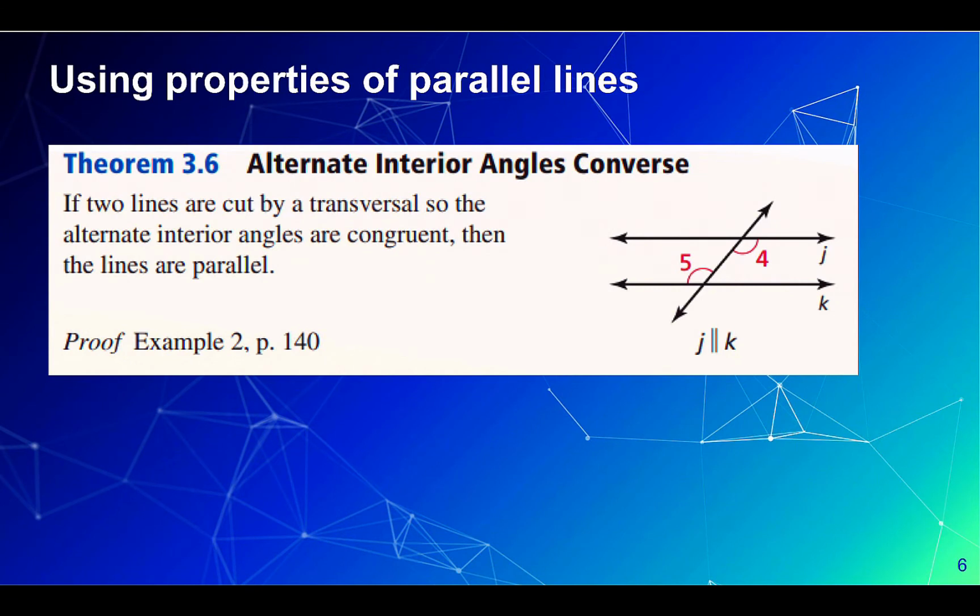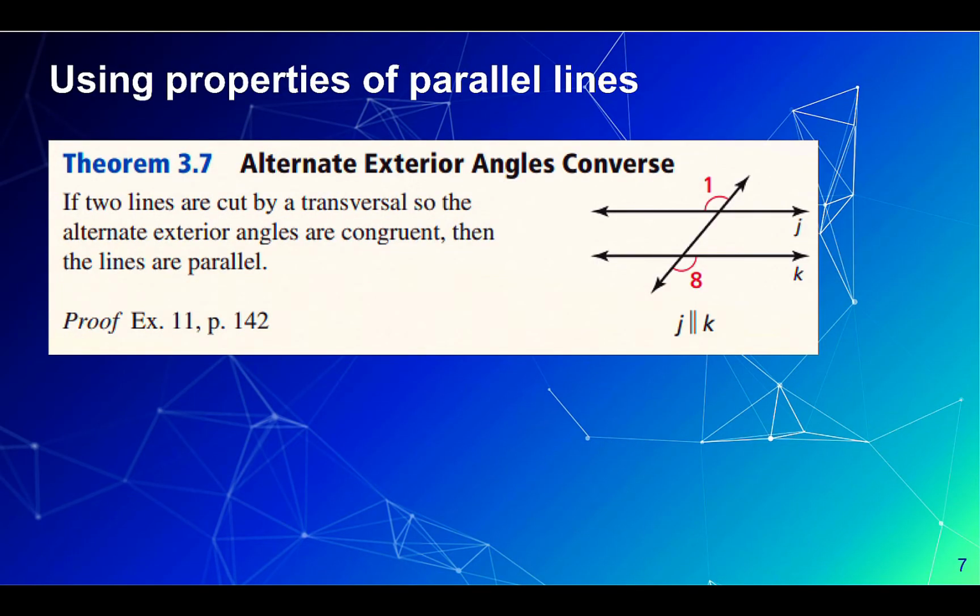Same for alternate interior. If two lines are cut by a transversal so the alternate interior angles are congruent, then we can say the lines are parallel. So now we're starting out here: angle 5 is congruent to angle 4. Therefore, J is parallel to K. We're working backwards.